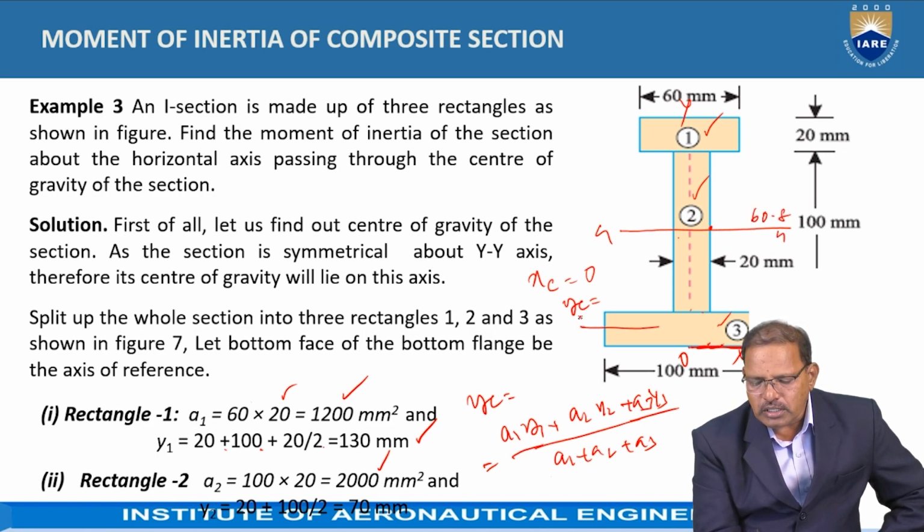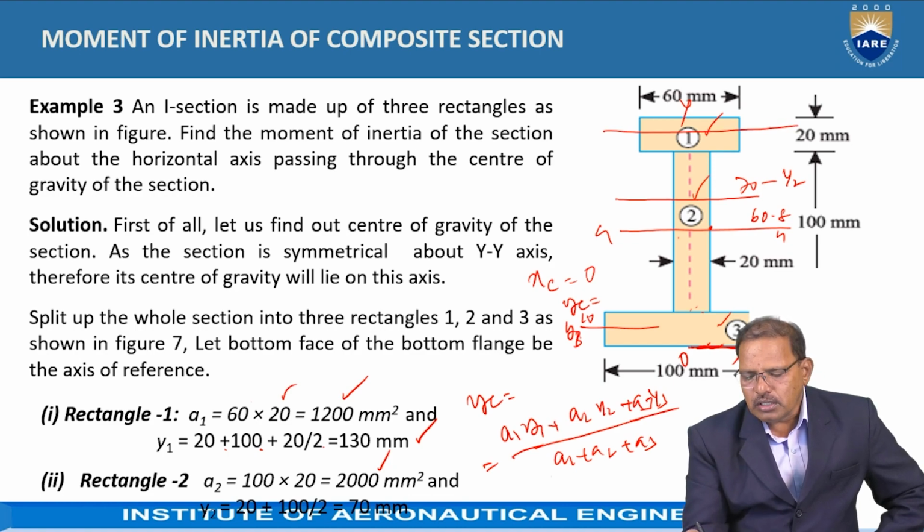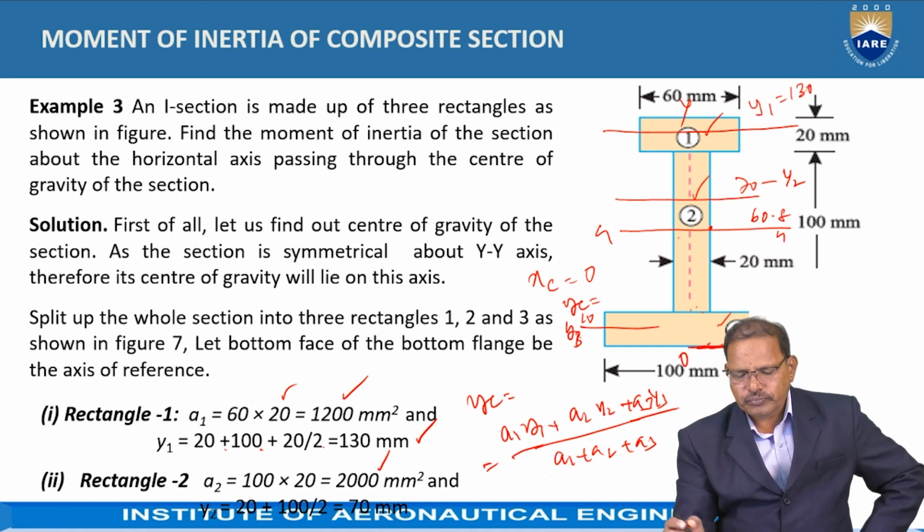This distance is given as 10 mm, and this is 70 mm. The centroid of the second one is y2, y1 is 130 mm, and y3 is 10 mm. y1 is 20 plus 100 plus 10, which we take as 130 mm.